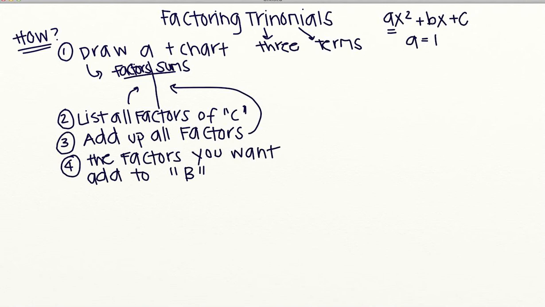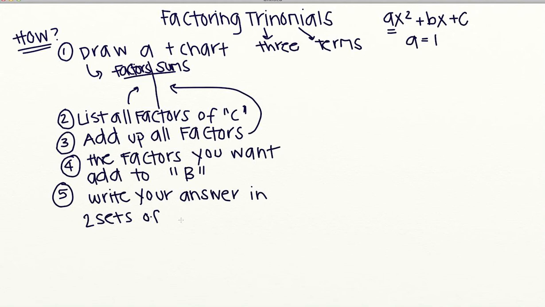It doesn't have an x squared, but it has just the variable x. Okay? And then step 5, we're going to finish the problem, is you're going to write your answer in 2 sets of parentheses. And we'll take a look at how to do that.